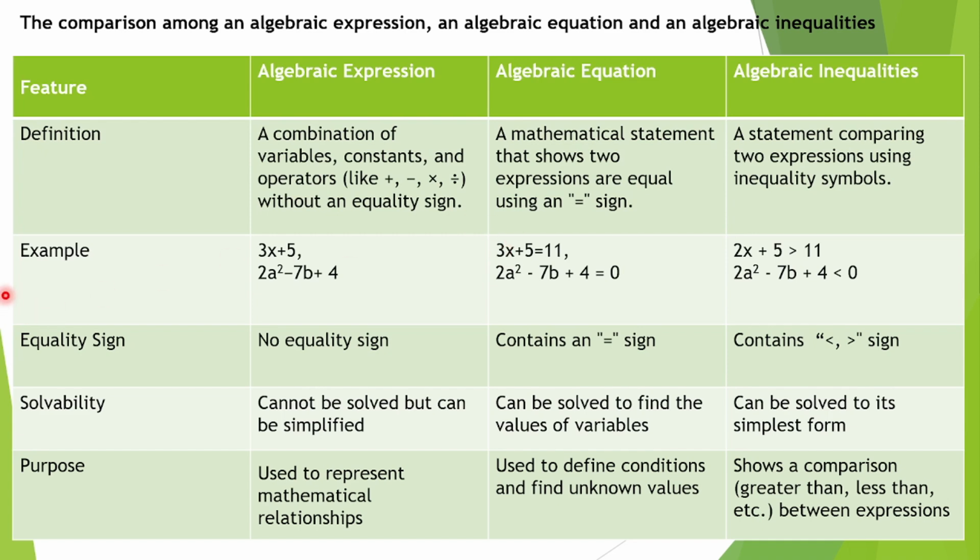So examples are 3x plus 5 and 2a square minus 7b plus 4. These are algebraic expressions, while 3x plus 5 is equal to 11 and 2a square minus 7b plus 4 equal to 0 are algebraic equations, while 2x plus 5 is greater than 11 and 2a square minus 7b plus 4 is less than 0 are algebraic inequalities.